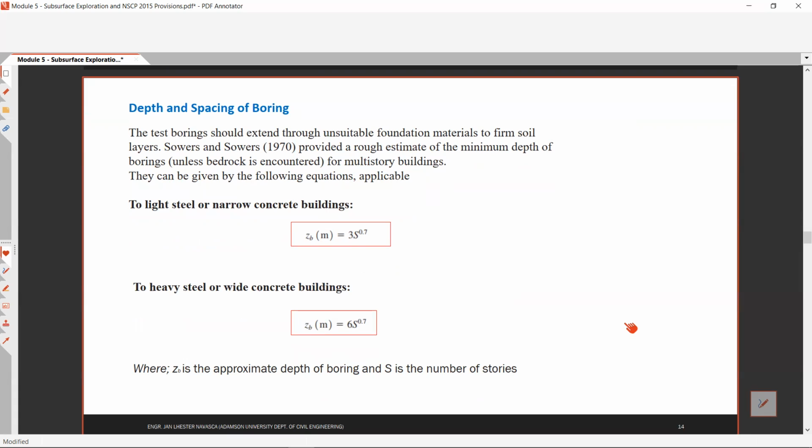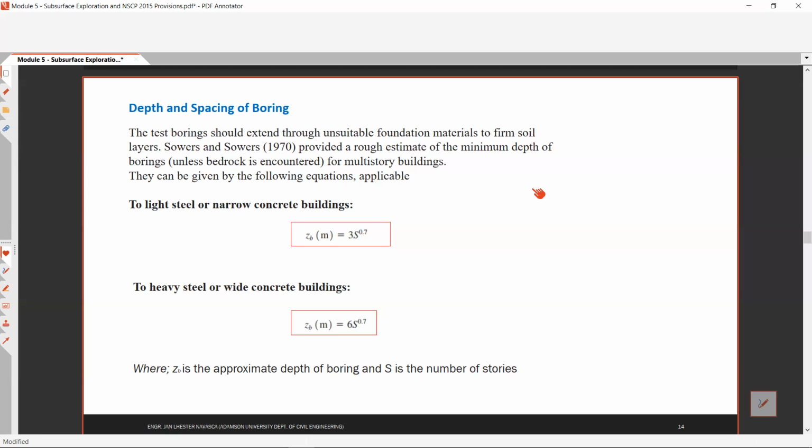Significant depth of the soil is used to determine what depth you need to consider in the design phase. So you need to determine all the parameters in that significant depth. And the depth of the boring is used to get the soil sample specimen.